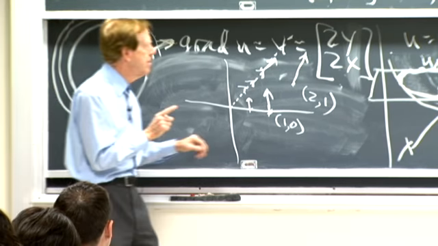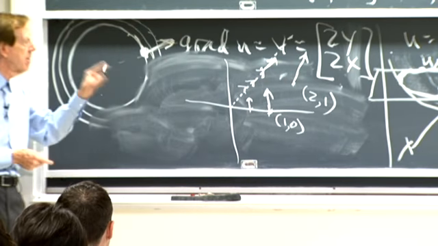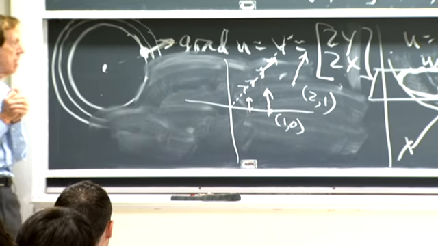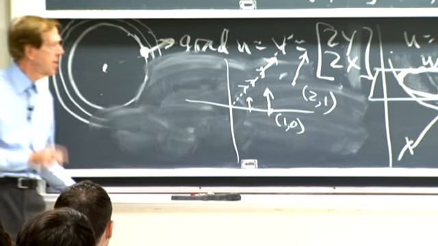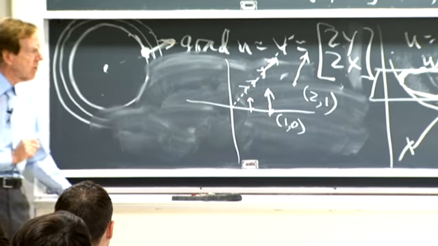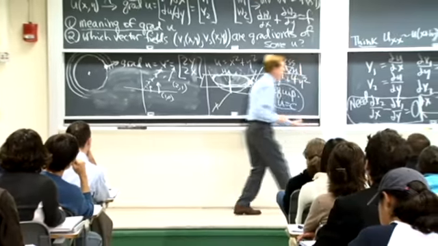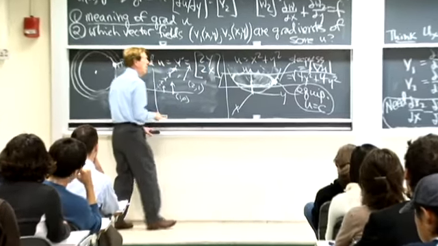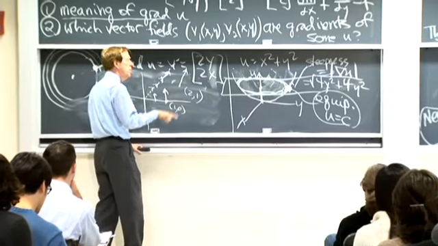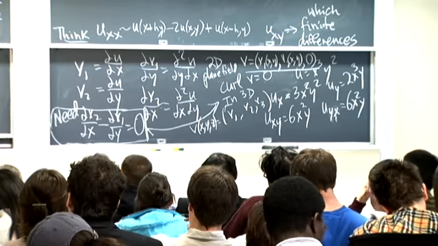Let me come back to the question I should have asked you first. Is this a gradient field? Does it satisfy the curl 0 condition that we put in a box here? There's v2 and there's v1. Is dv2/dx, whatever that test was, minus dv1/dy equals 0?